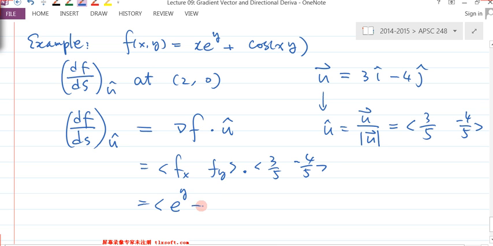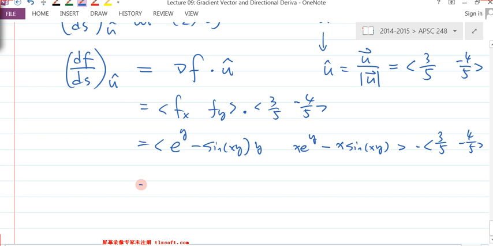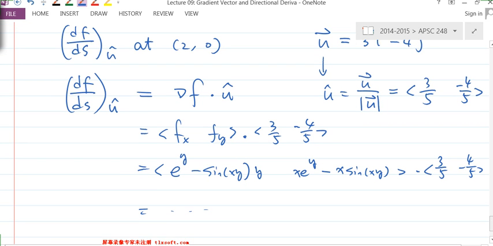Okay, I'll just write it down here and see if you get this thing. Okay, so you get this. So dot product, just dot it out and expand it, and once you get the expression, you substitute x equal to 2, y equal to 0 into the final expression, and you get the directional derivative.